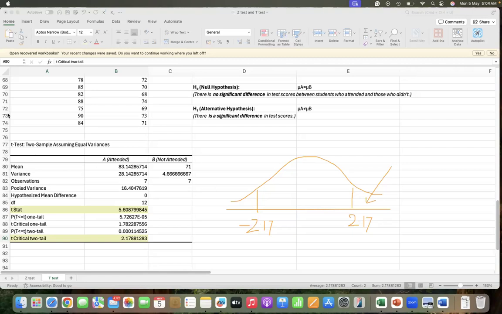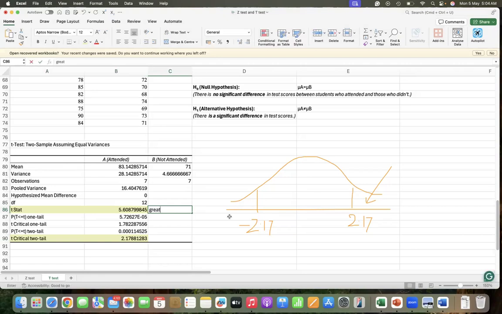Okay, let me write this. Since this value is greater than the critical value of 2.17 and it falls in the rejection region beyond this, we reject the null hypothesis and say we have significant evidence, a statistically significant difference appears in the two groups. Okay, now next is the p value. Now how do we see the p value?